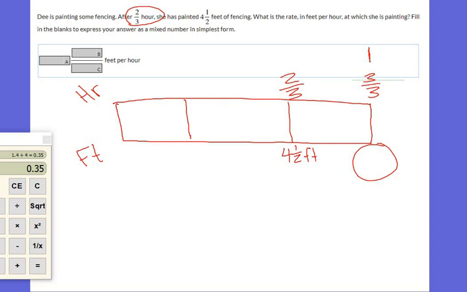So I know 2/3 is 4.5 feet. I'm curious to know how much 1/3 would be. Well, 1/3's got to be half of 2/3, because 1 is half of 2. So half of 4.5. Well, half of 4 is 2. Half of a half is 1/4. So for 1/3 hour, it takes 2 1/4 feet to paint.